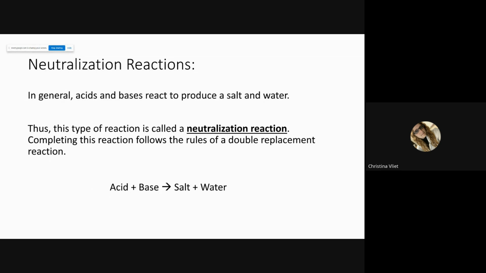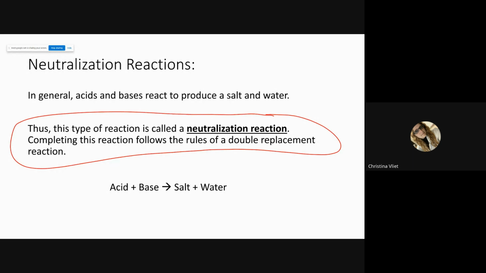And so you're going to want to write this down. A neutralization reaction is a double replacement reaction, where your first compound is an acid, your second compound is a base, and your products are a salt and water. You'll also want to write on the side, salt equals ionic compound.